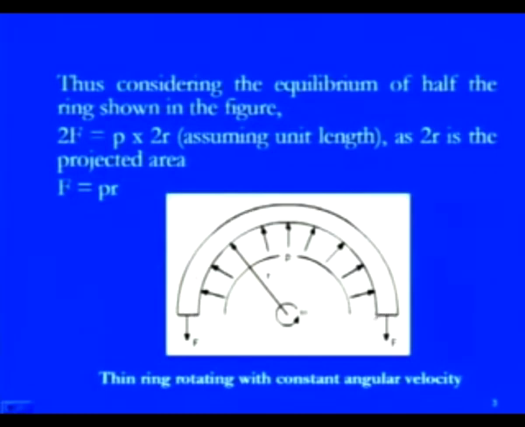This is rotating, and as I told you, we have a centrifugal center. Since it is rotating at omega, whatever forces come will be m omega square into r, and there is a pressure. Considering the equilibrium portion, because we have a symmetric section, we simply cut the portion.